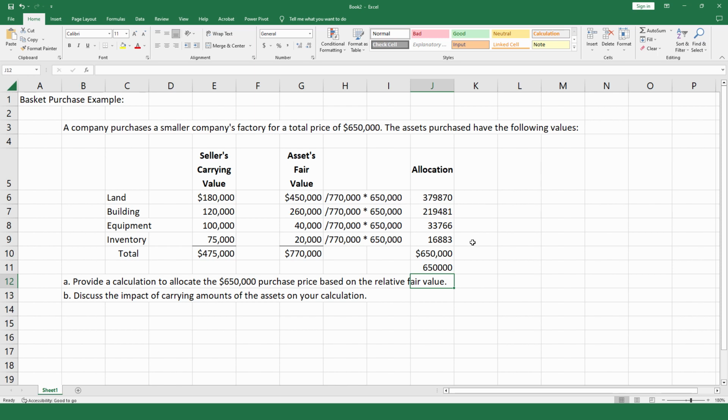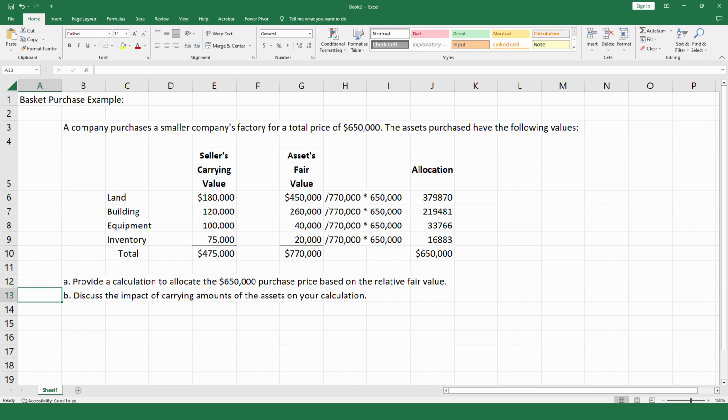So the allocation is perfect. Let's get rid of that. So we answered A, provide a calculation to allocate the $650,000 purchase price based on the relative fair values.